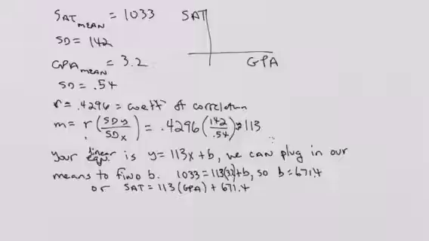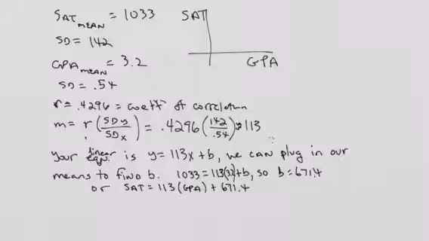Now we have this equation. Our SAT score is, roughly speaking, equal to a slope of 113 times our GPA plus our y-intercept of 671.4.